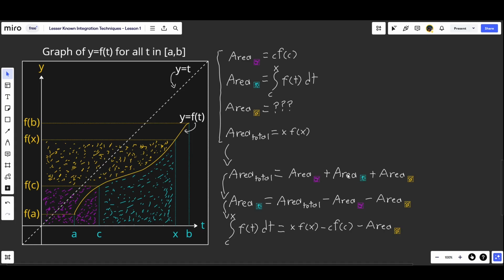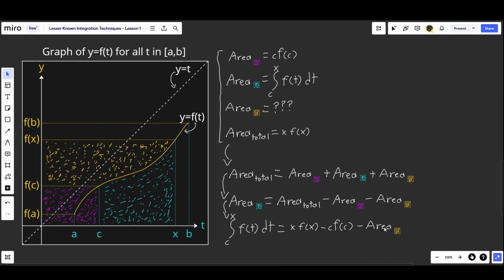Now, if we solve for the cyan area and plug everything in, we'll receive that the definite integral of f of t from c to x is equal to x times f of x minus c times f of c minus the orange area.